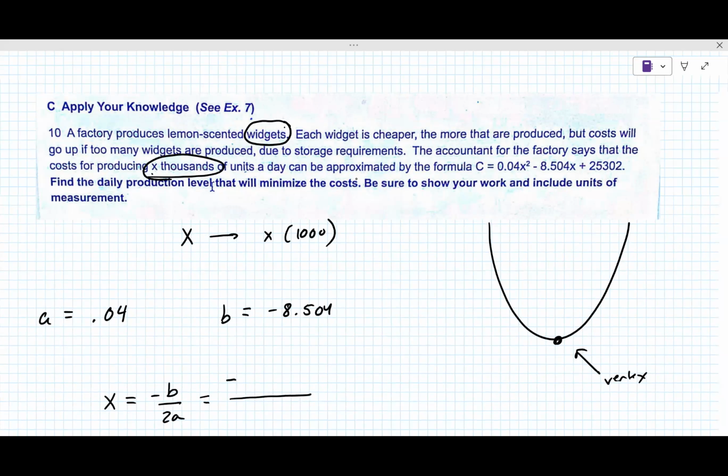So it's minus parentheses minus 8.504 over 2 times 0.04. So go ahead and open up Desmos, or I can send you the link if needed. No, I have it opened already. Okay, so I will now do that.